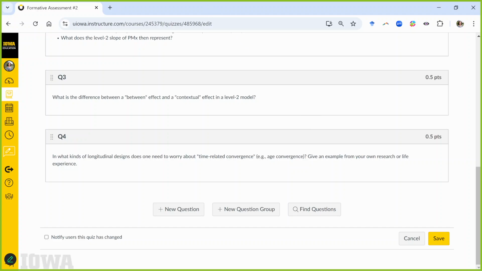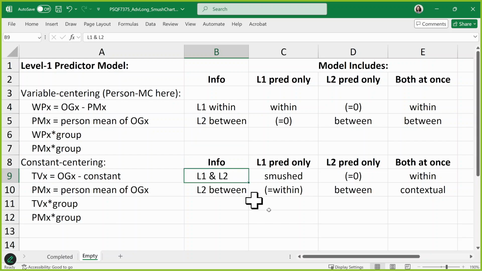So it's the same exact set of concerns as for any time varying predictor. Time, or age, is a time varying predictor. So when it has both level 1 within longitudinal variance and level 2 cross sectional between variance, we've got to worry about this.